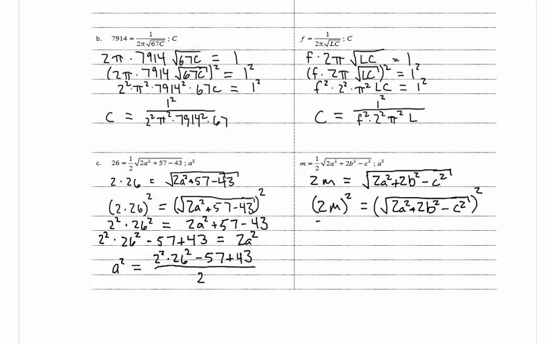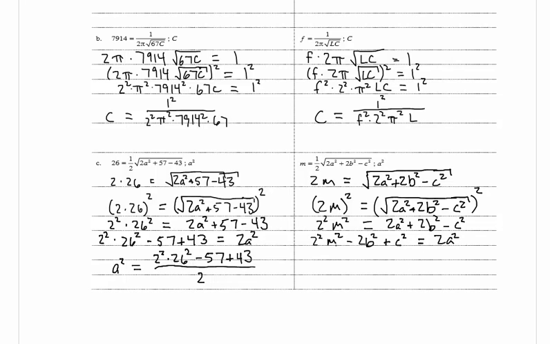And that gives us 2 squared times m squared is equal to 2a squared plus 2b squared minus c squared. And now we're going to subtract 2b squared and add c squared to both sides. So I'm going to have 2 squared m squared minus 2b squared plus c squared is equal to 2a squared.